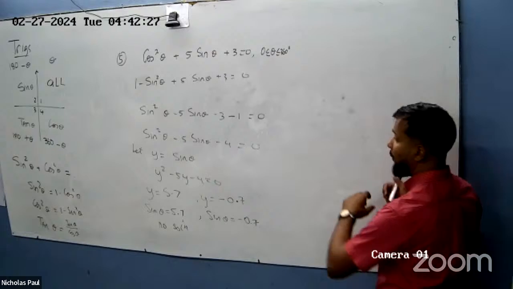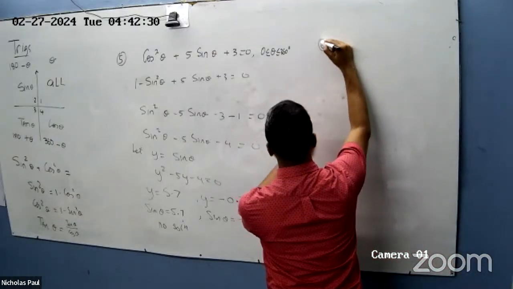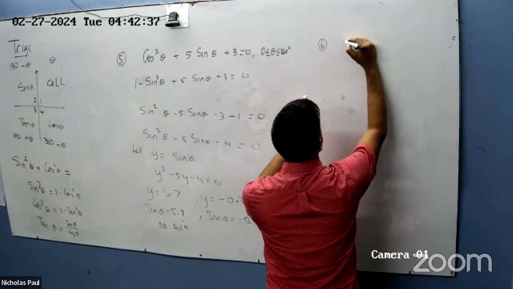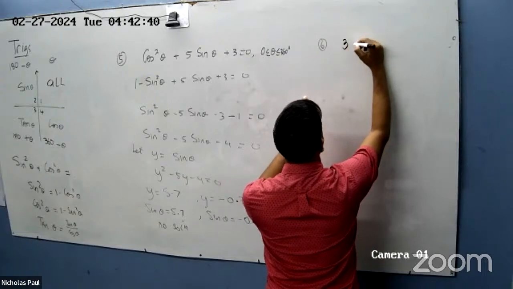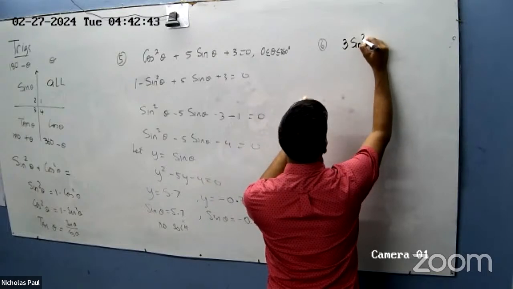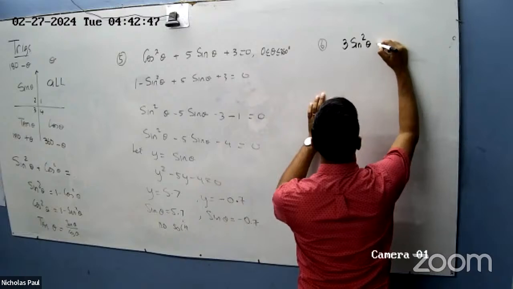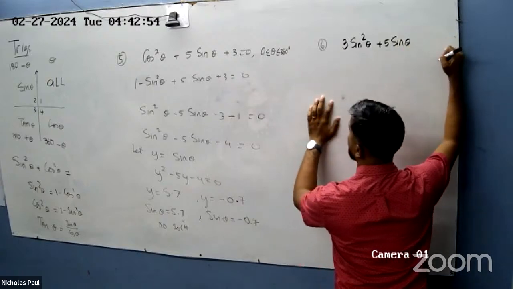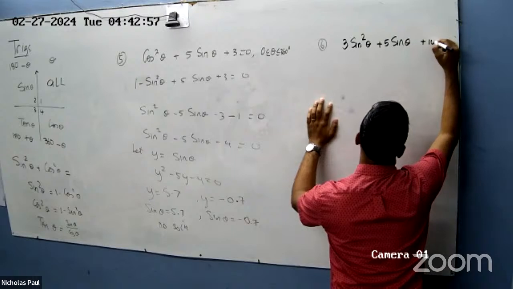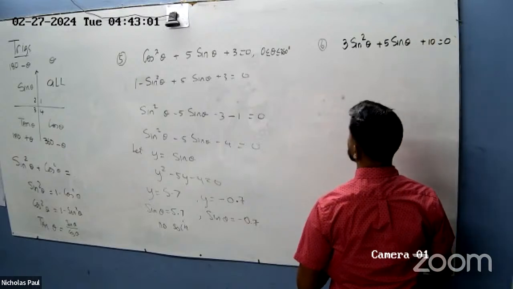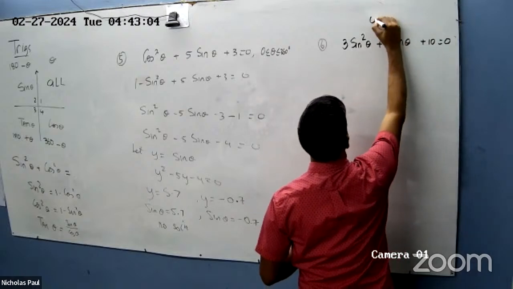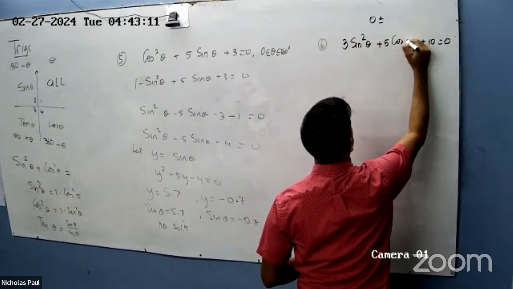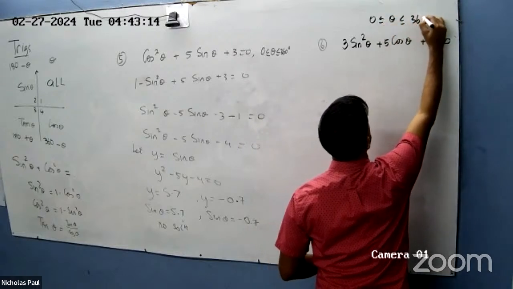Next one, number 6. Try this, and you're solving between 0 and 360 again.